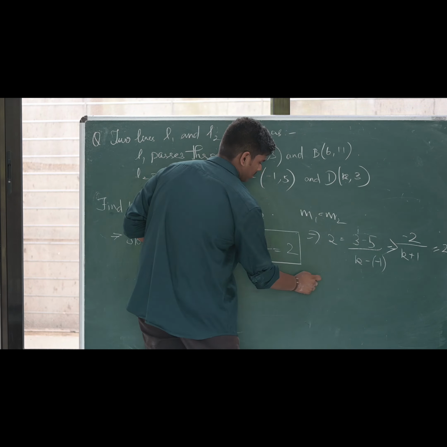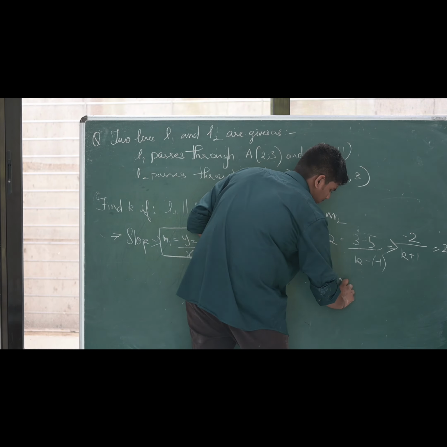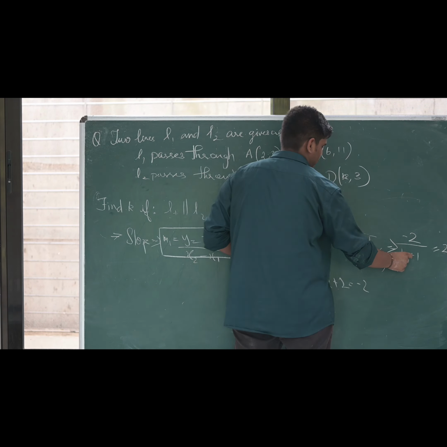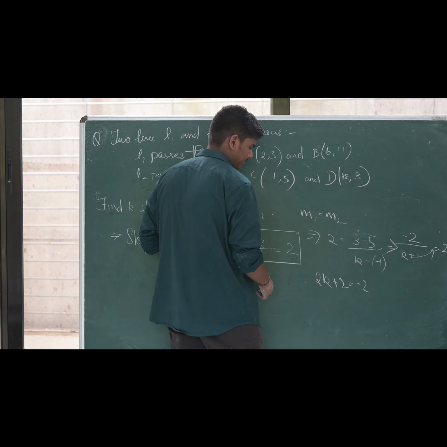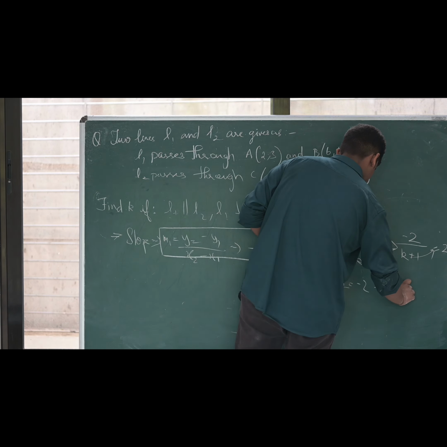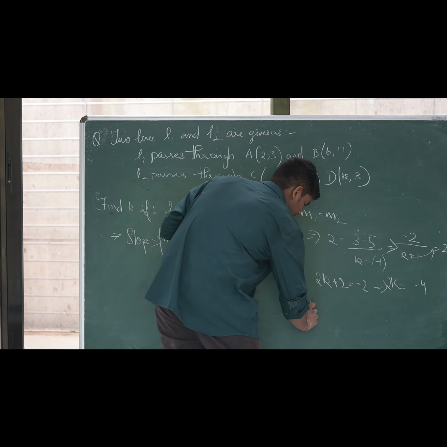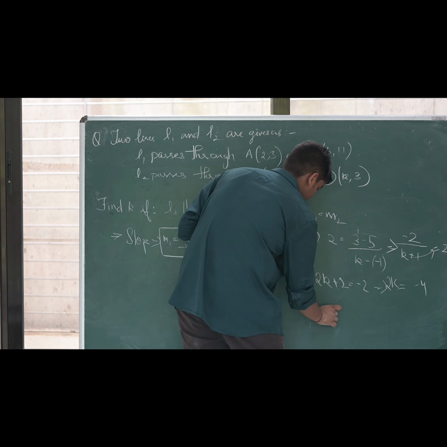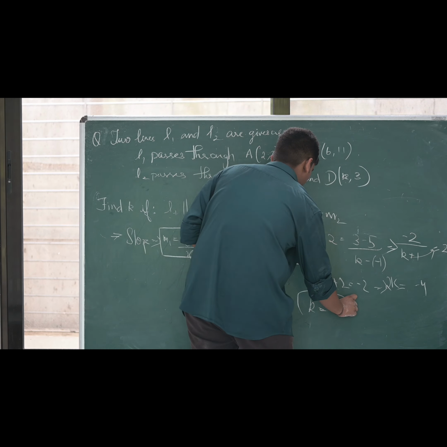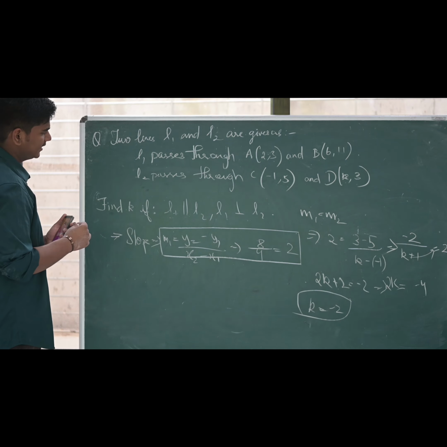So, 2k plus 2 is equal to minus 2. Taking it to the right hand side, 2k is equal to minus 4. K is equal to minus 2. If L1 is parallel to L2, we will find that k is equal to minus 2.